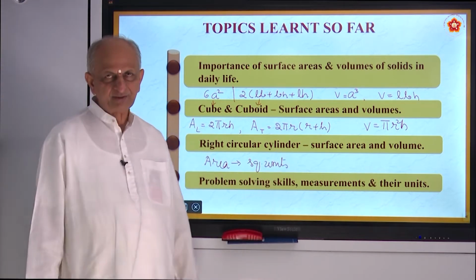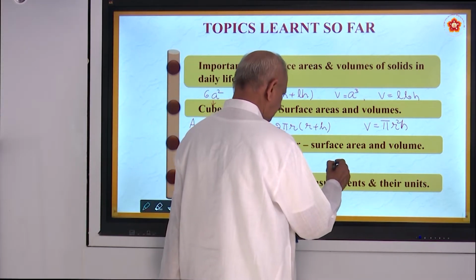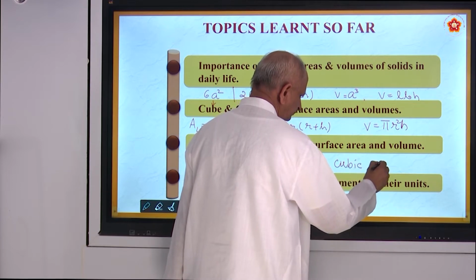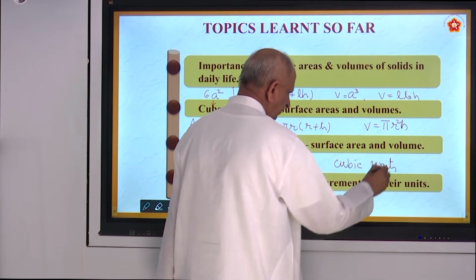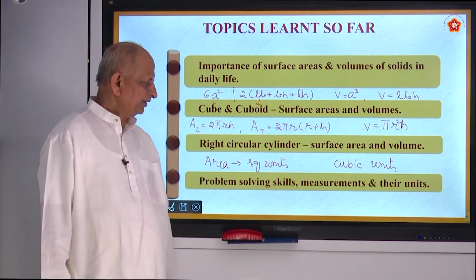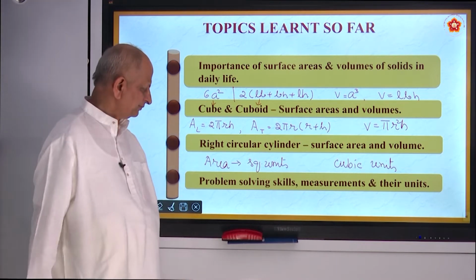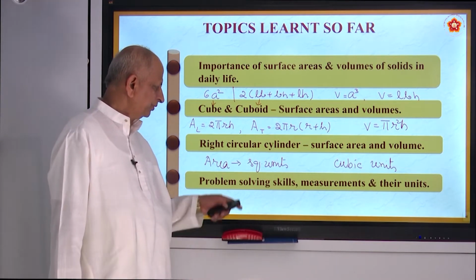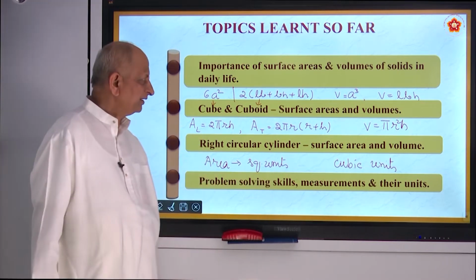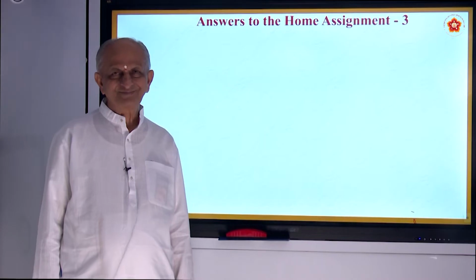If it is meters, you write square meters. And volume is cubic units. Unit may be centimeter or meter, like that. And also you must know how to apply in a formula and get the answer. So these are the things you already saw.